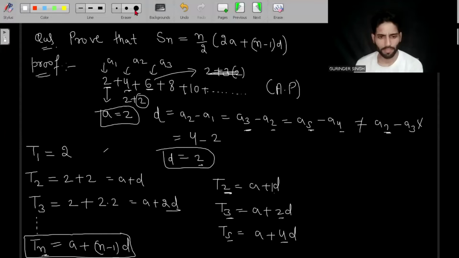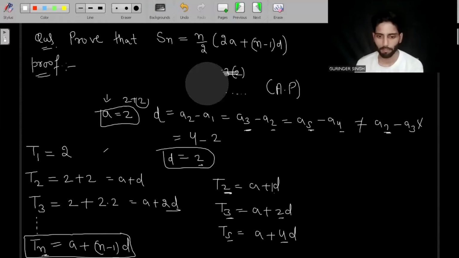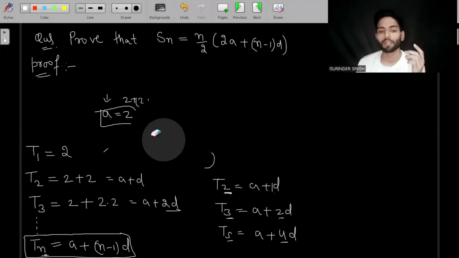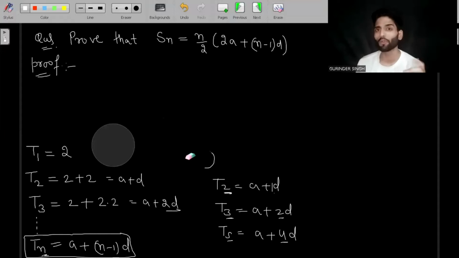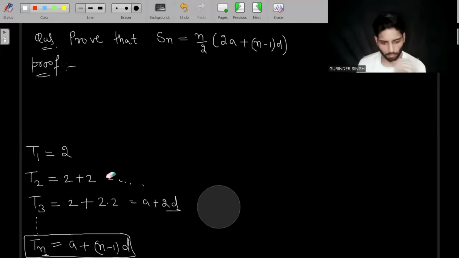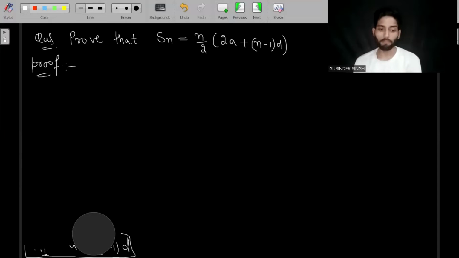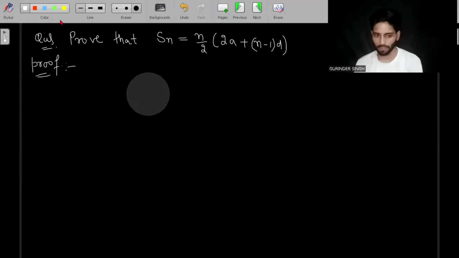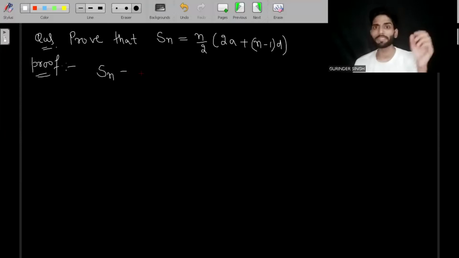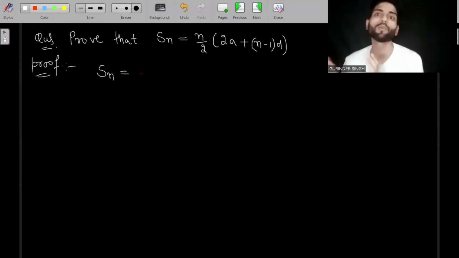Let me erase this. I just gave you the insights on how you get the general term of AP. So let me derive now the sum. My main focus is to derive the sum. So I let Sn be equal to, Sn means adding the n terms of AP.